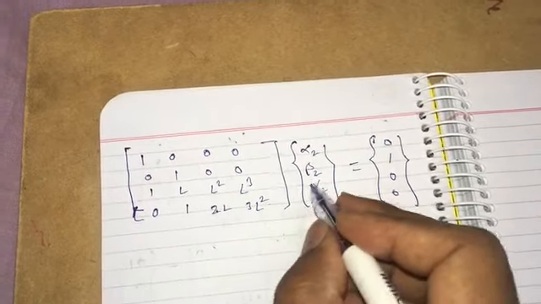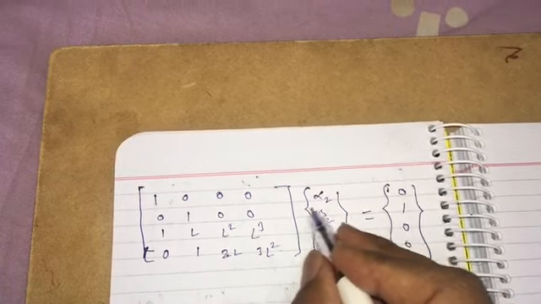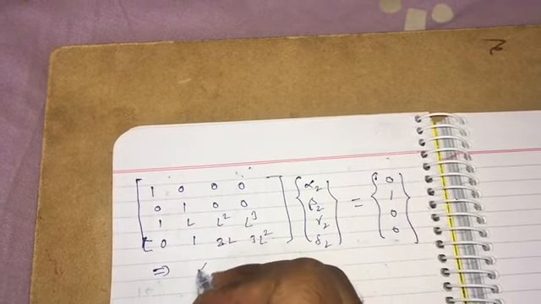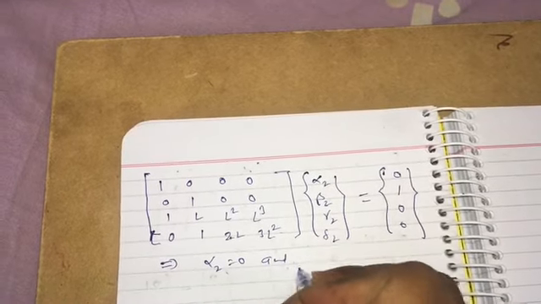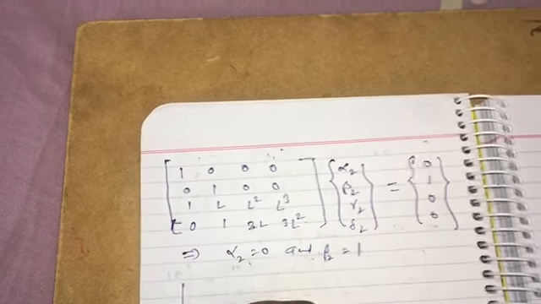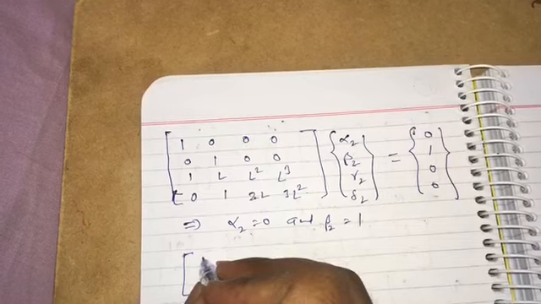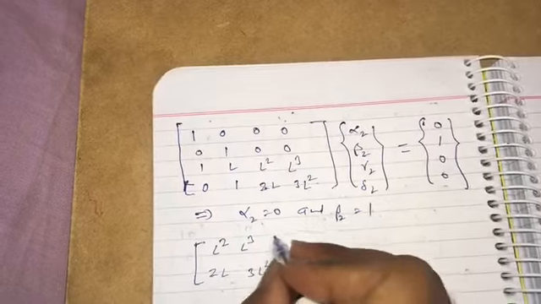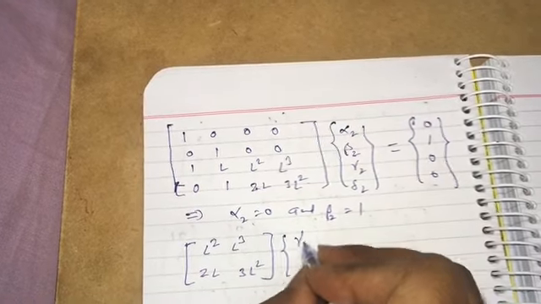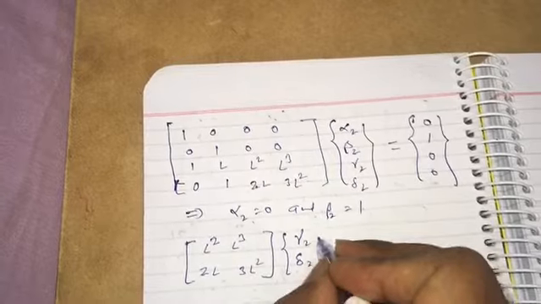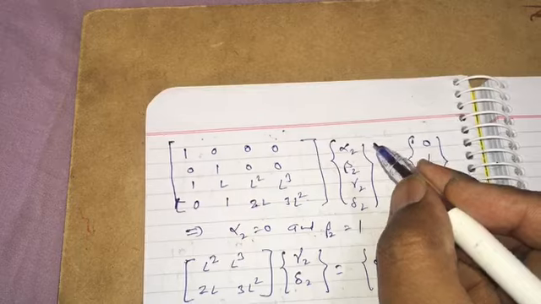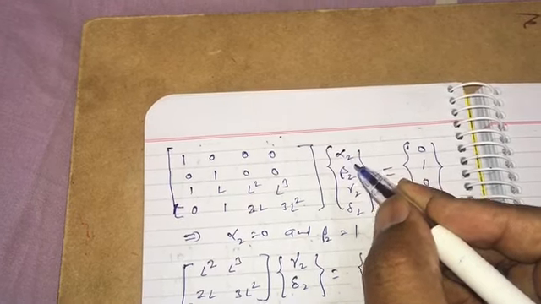Here the first two rows give alpha 2 equal to 0 and beta 2 equal to 1. Similarly, we put these values in and find the rest. We get L², L³, then 2L, 3L², multiplied by gamma 2, delta 2, equal to 0, 0, and then we have 0 and 1 here.